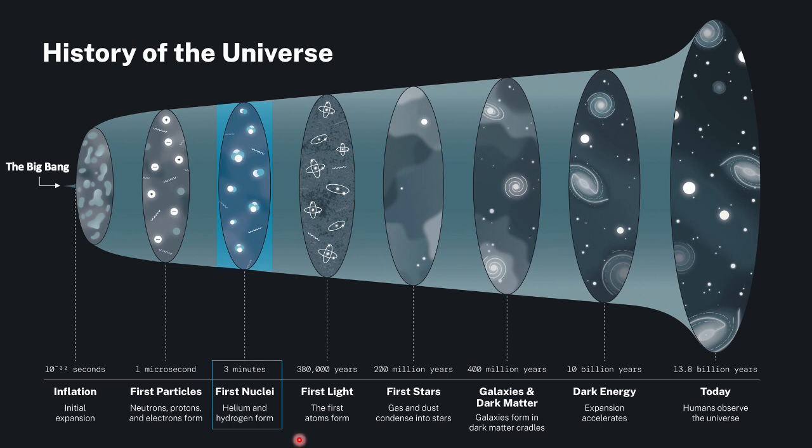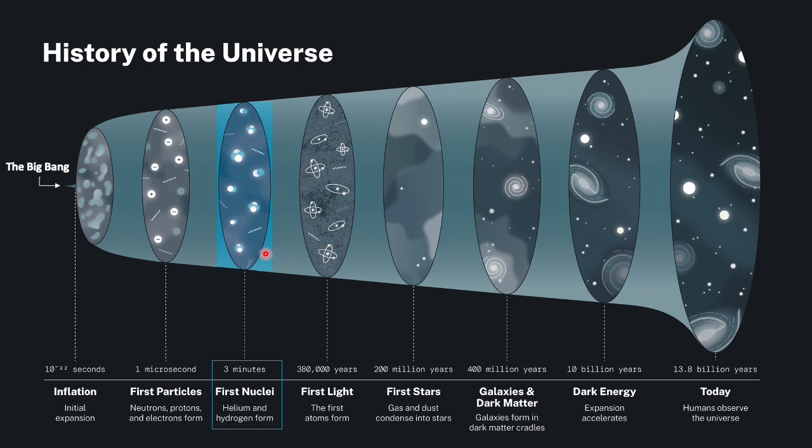Within about 3 minutes after the Big Bang, the universe cooled just enough to allow for these protons and neutrons to form hydrogen nuclei. Hydrogen is the starting point of nucleosynthesis, which is the process by which stars create new atomic nuclei from pre-existing protons and neutrons.